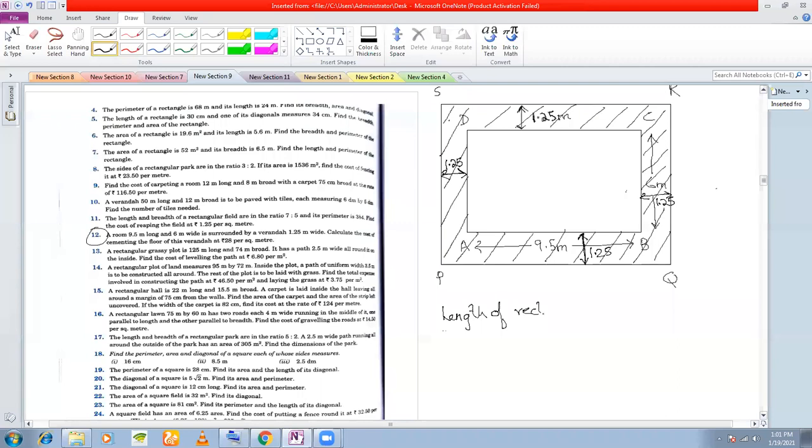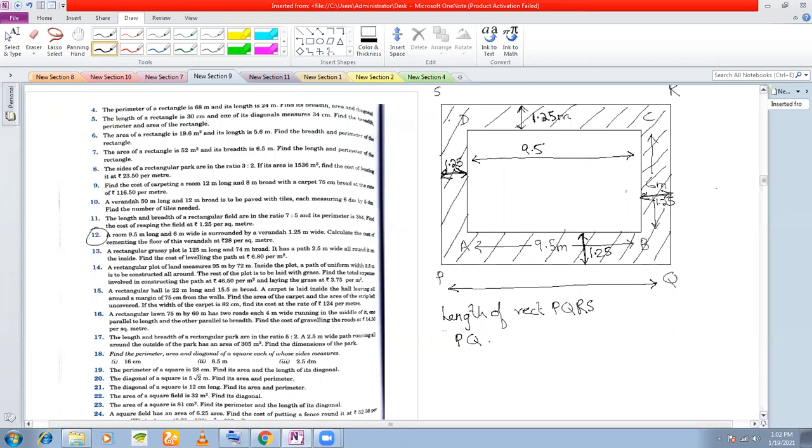So what is the length of rectangle PQRS, which is PQ? Let's say I'm talking about this length. This length is given to you as how much? 9.5, right? And how much is here? We have 1.25 here, and we have 1.25 here.